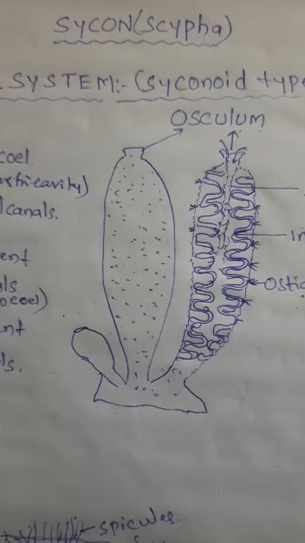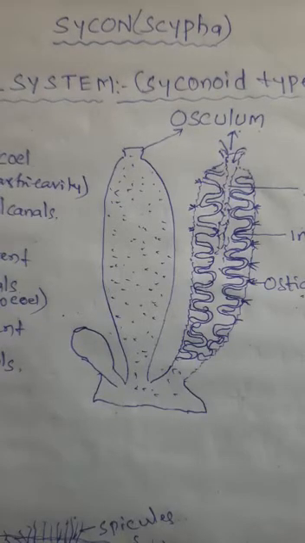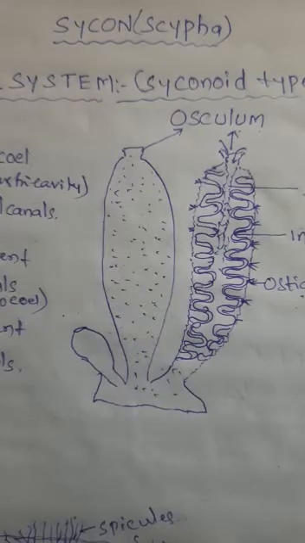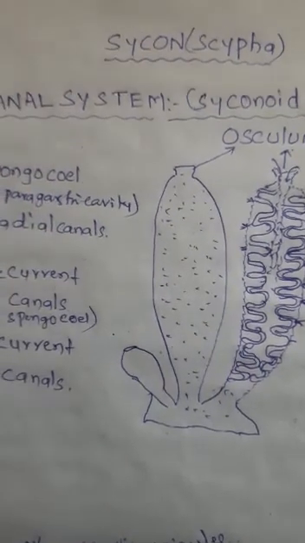Its various parts include: number 1, the spongocoel or paragastric cavity; number 2, the radial canal; number 3, the external canal; and number 4, the incurrent canal. The radial canals are also called radial chambers, and they join together as an external canal.